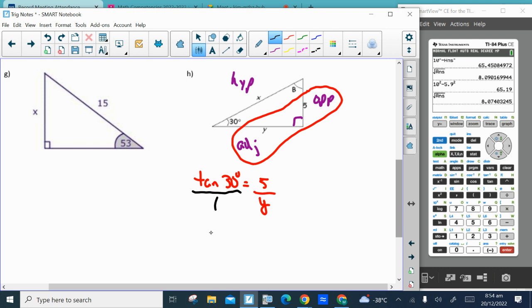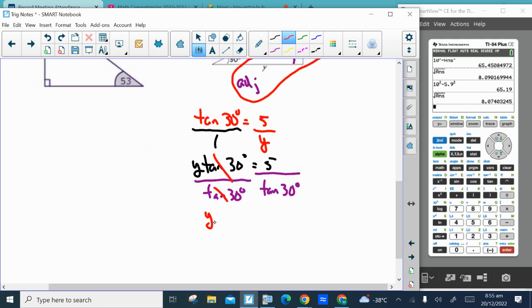Make both sides a fraction, cross multiply, you'll get y times the tan of 30 degrees equals 1 times 5. And then we'll divide both sides by tan 30. The tan 30's cancel.